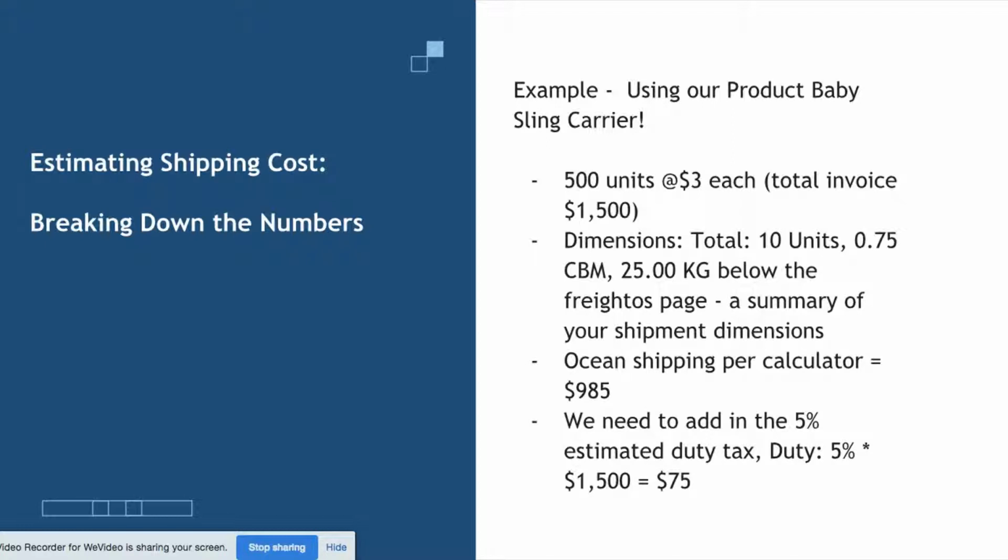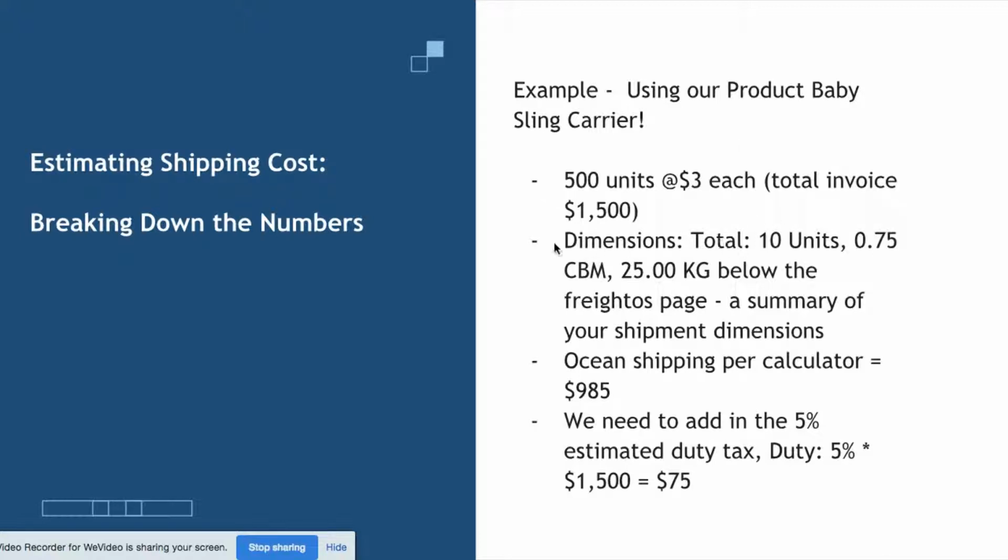So let's use an example of my baby sling carrier. We are now estimating the shipping cost and breaking down every single value, because this is business. We need to really get the values. Now, remember, we want to ship 500 units. We have done the communication with suppliers, and we found a value of $3 per unit, which comes to a total invoice of $1,500. That's correct, right? Good.